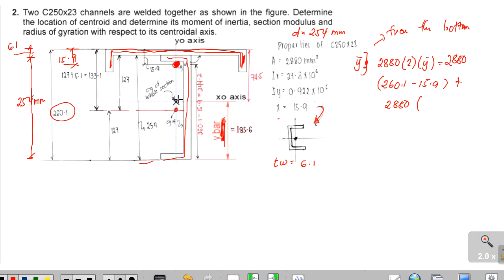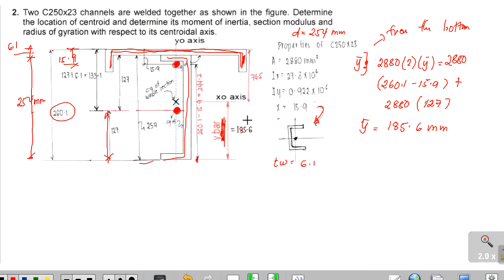The distance from the bottom is 254. Half of 254 is 127, so we have here the centroid of the standing C channel. So the distance from the bottom is 127, multiplied by 127. Solving the equation, y bar is equal to 185.6 mm.